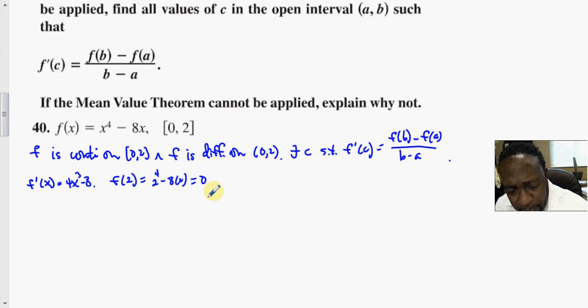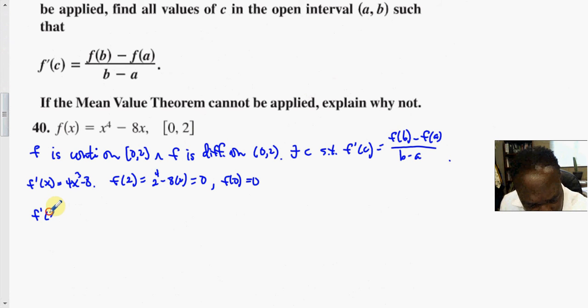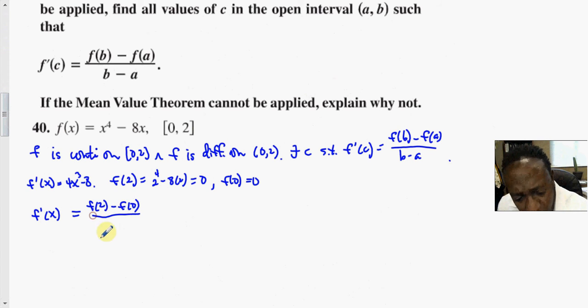We get 0. And then f of 0 is 0. So f prime of C is said to equal f of 2 minus f of 0 all over 2 minus 0.